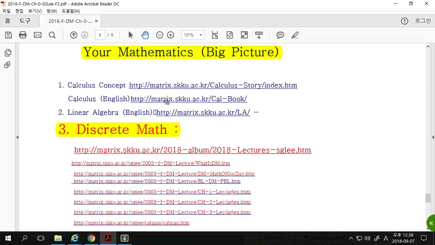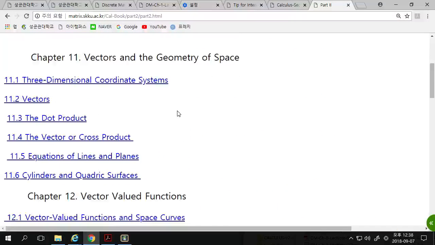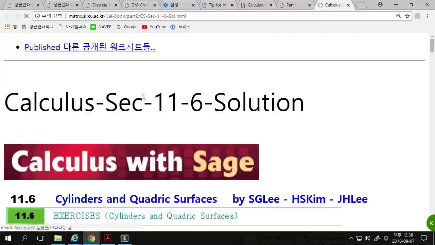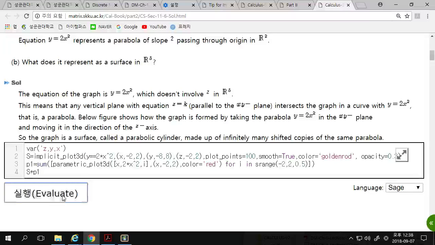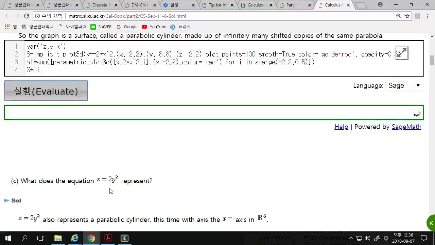You must be able to draw the graph of the functions. Anyway, the calculus you must have learned, and we have covered all those here.